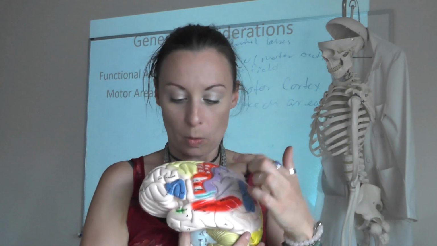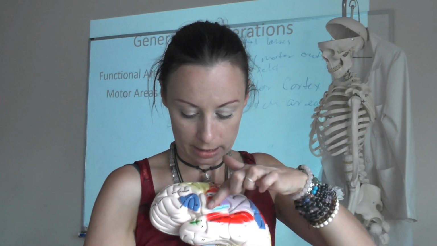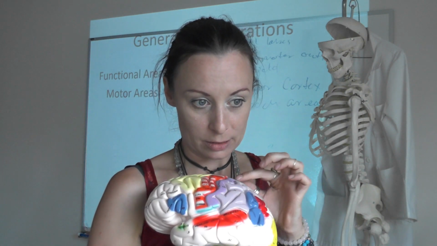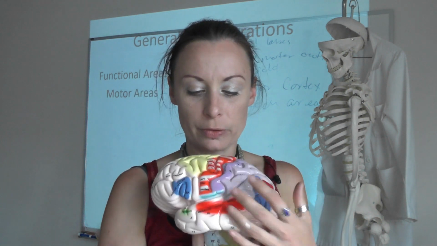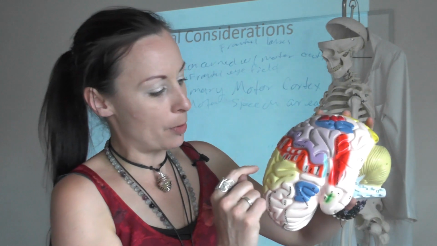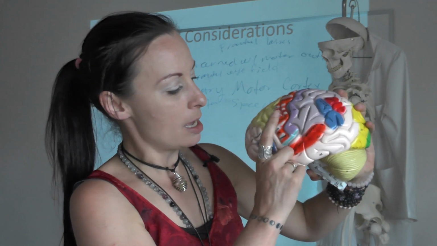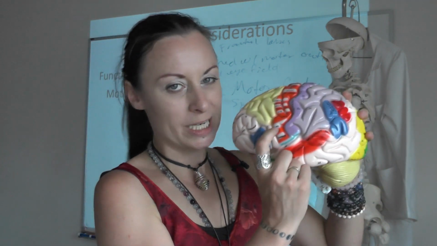They figured out, well, what does the brain think of the body? And what does the body think of the brain? And what they were able to kind of figure out is, okay, if I poke this area of the precentral gyrus, this guy's gonna start wiggling his hip. If I poke this area of the precentral gyrus, that chick's gonna start flapping her lips. How'd they figure this out?